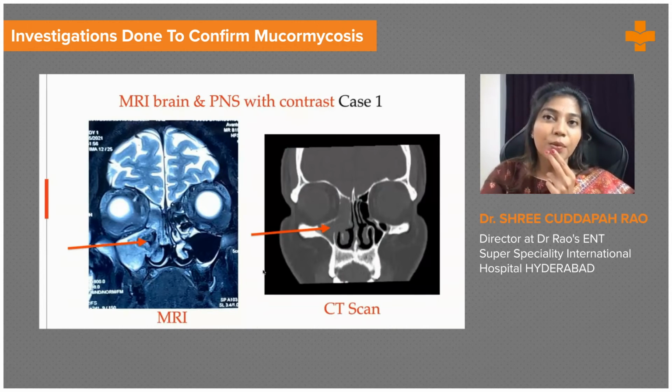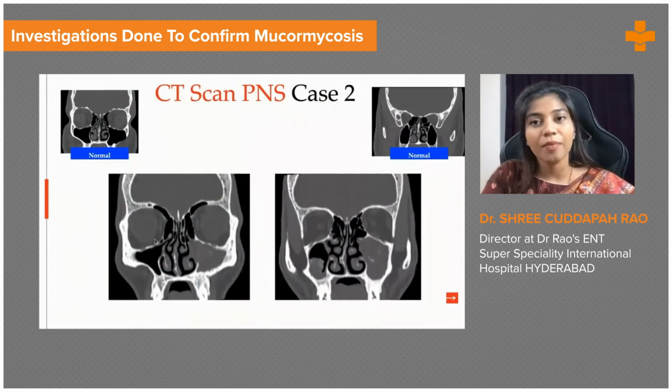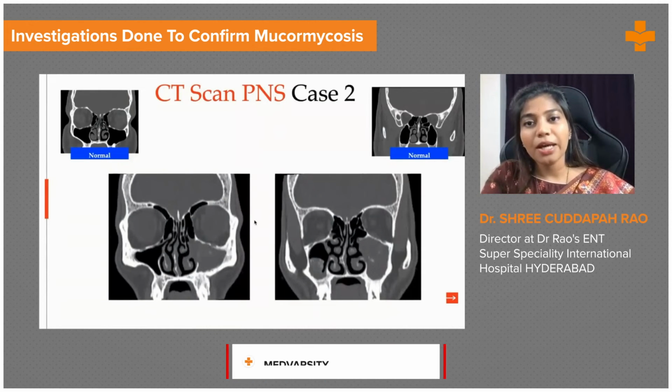Well, you can compare it with the other side. This is of the same patient. So this is the CT scan image of the same person, and this is how the contrast enhanced MRI delineates it. And this is the second case scenario. I placed a normal CT scan once again for your comparison.